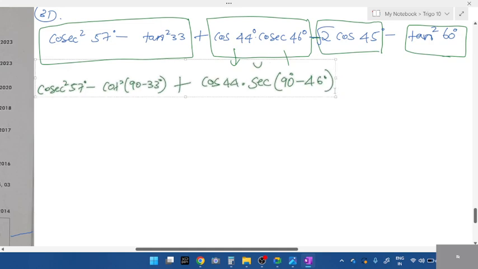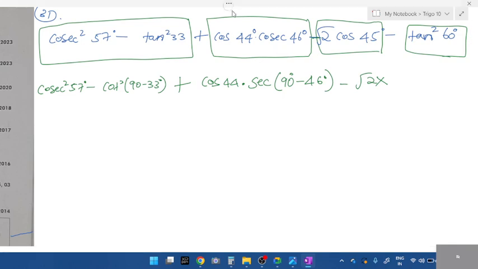Okay, tell me the next one, students. Minus root 2. What is cos 45 degrees? I want all of you to respond. Another 5 minutes will end the class. What is cos 45? Don't convert. Do we have 45 in the table? 45 degrees? Then you don't have to convert. If the values are there in the table, make use of the values. What is 45? 1 by root 2.